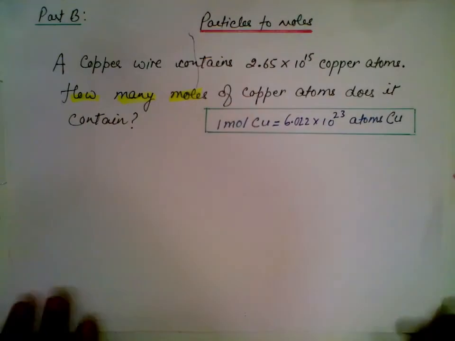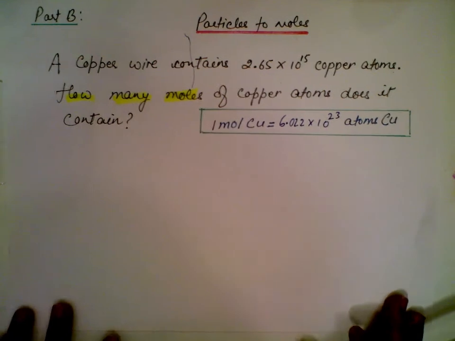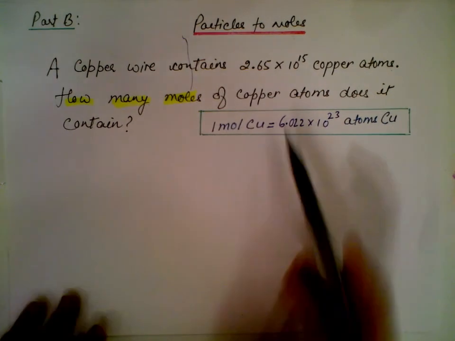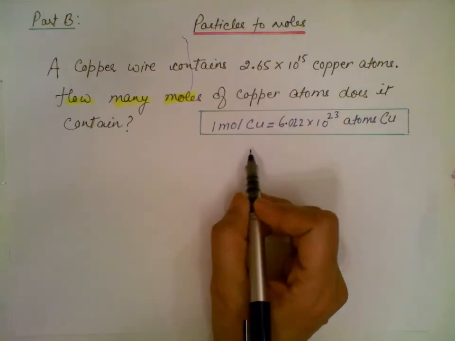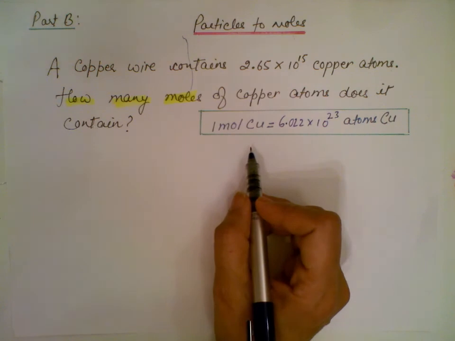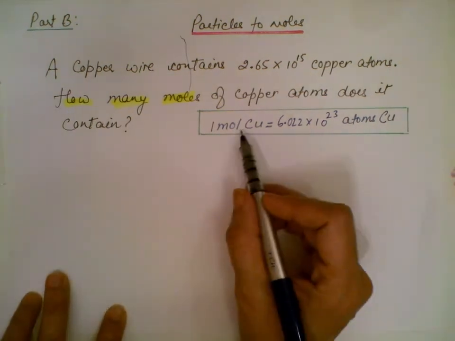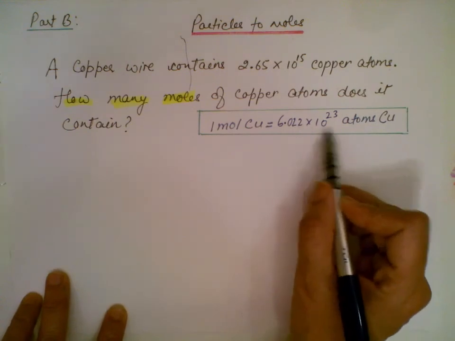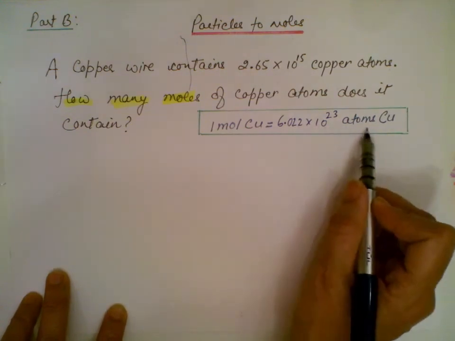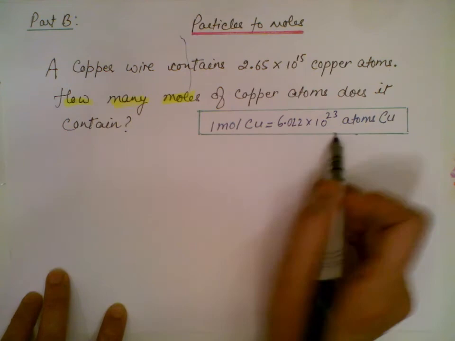Now here, particles to moles. A copper wire contains 2.65 copper atoms. How many moles of copper atoms does it contain? So here, this definition, 1 mole of copper equals 6.022 times 10 to the power 23 atoms, we already know right from the beginning.